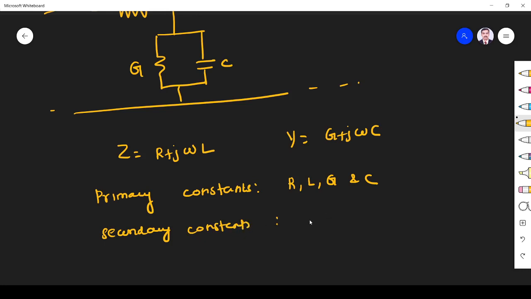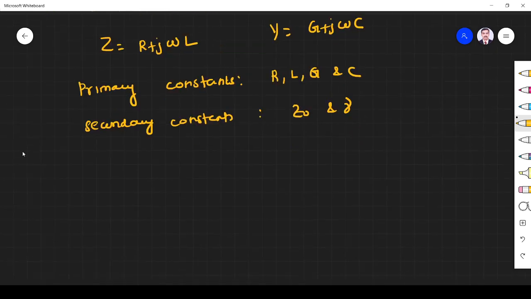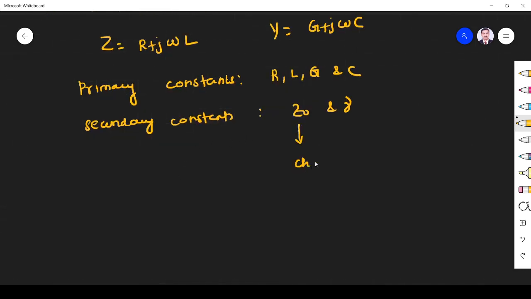They are Z0 and gamma, where Z0 is the characteristic impedance. Fine. And gamma is propagation constant. Okay.